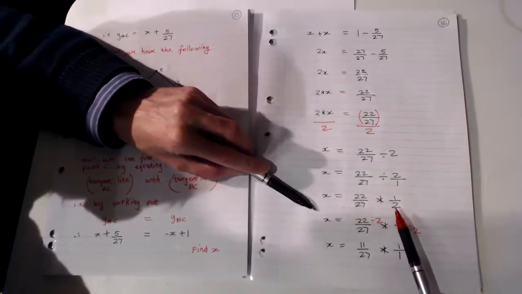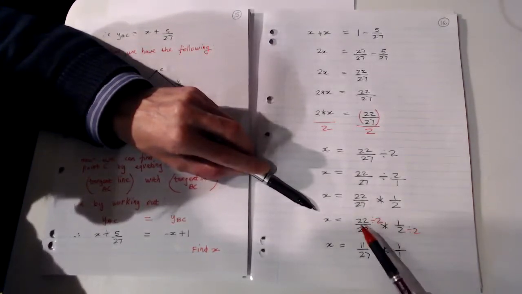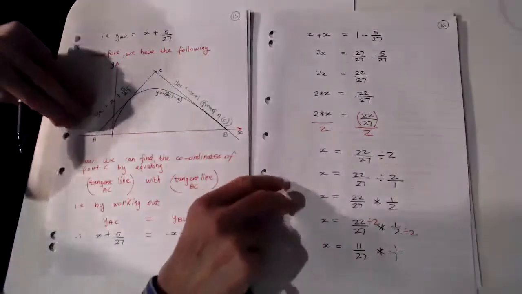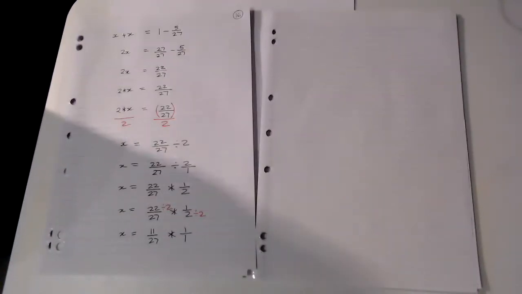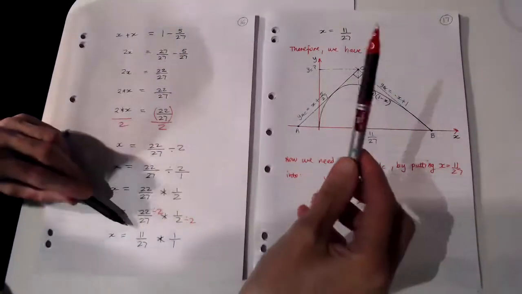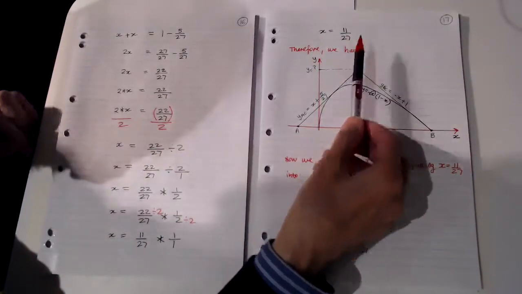So 2 goes into 2 and 22. So divide by 2, divide by 2. You get 22 divided by 2 is 11 on 27 times 2 divided by 2 is 1. And therefore, it comes out to x equals 11 on 27 times 1 on 1, which is 11 on 27.